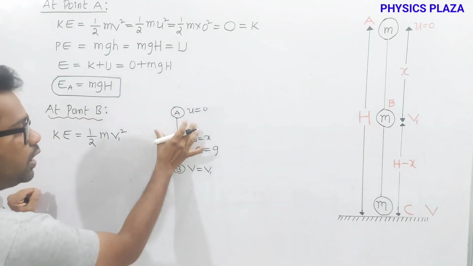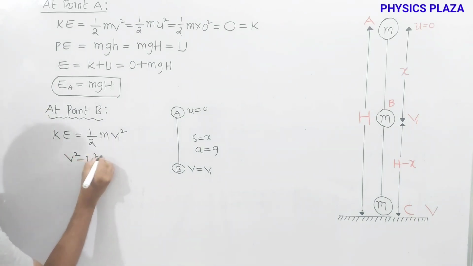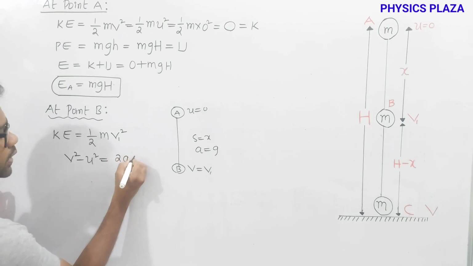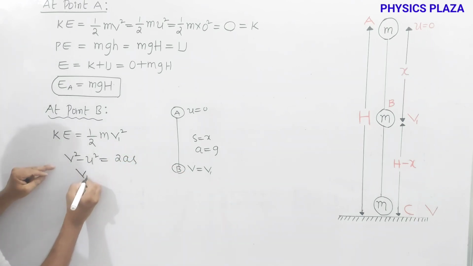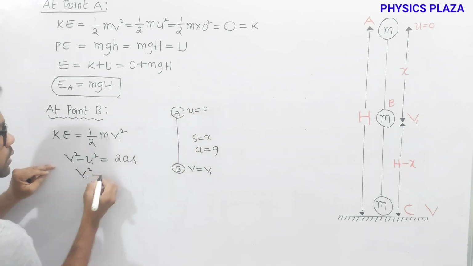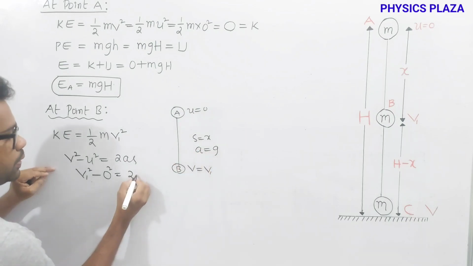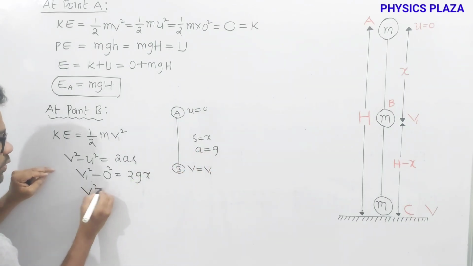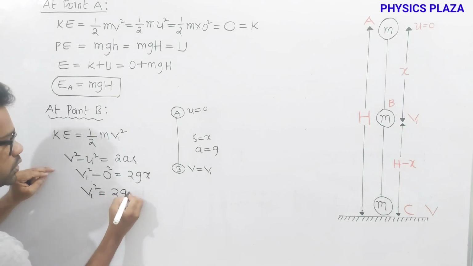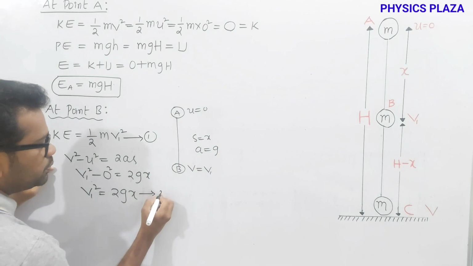Children, for that, we are going to use v square minus u square is equal to 2as. So, v is v1, v1 square, and u is 0, square, a is g, s is x. So, here v1 square is equal to 2gx. Let this be equation 2, and the earlier one equation 1.